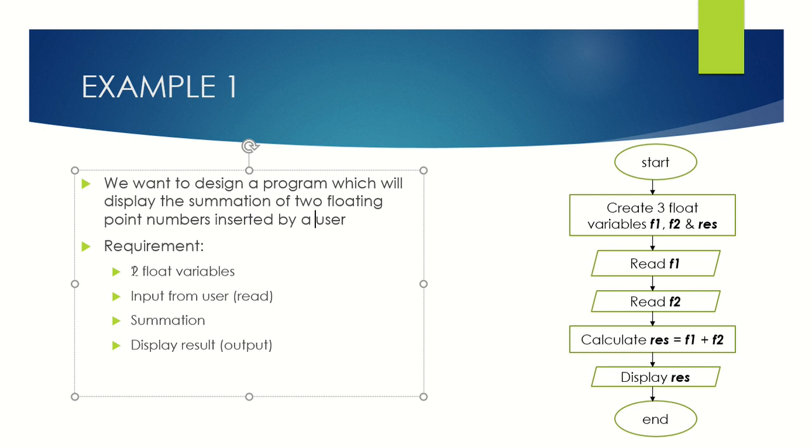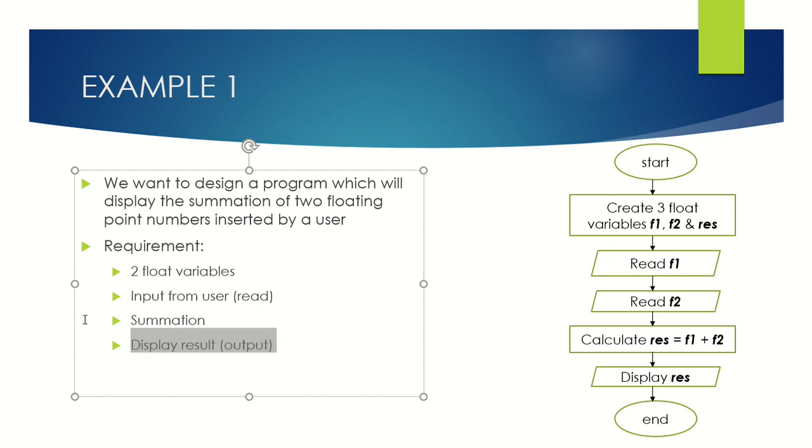So maksudnya you punya program dia it must create two float variables lah at least. Okay, then since dia melibatkan input daripada user, sebab kat sini dia ada cakap inserted by a user, so maksudnya dia memerlukan program untuk read input from user lah. Okay, then dia akan buat summation of the input from users and then dia akan display the results of the summation lah at the output.